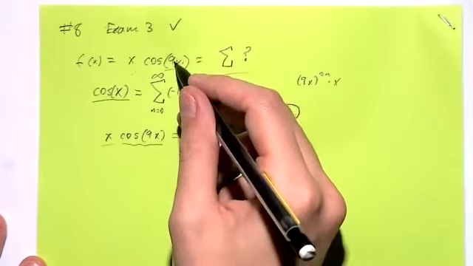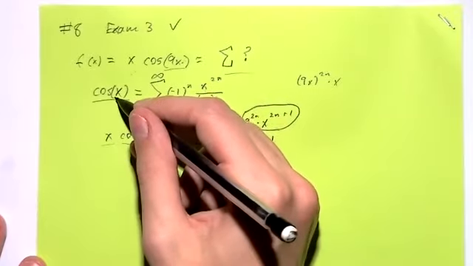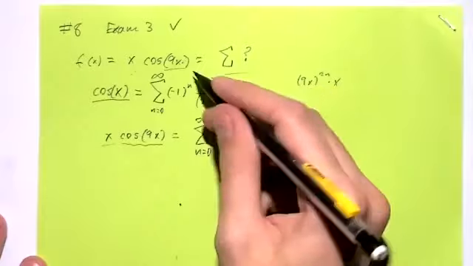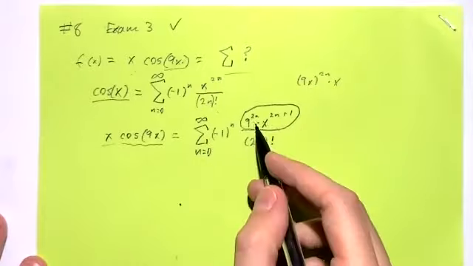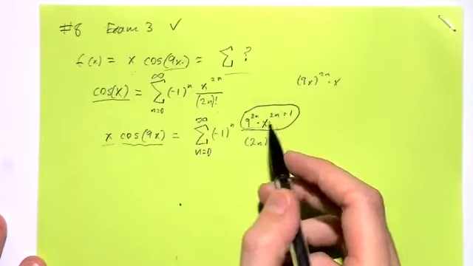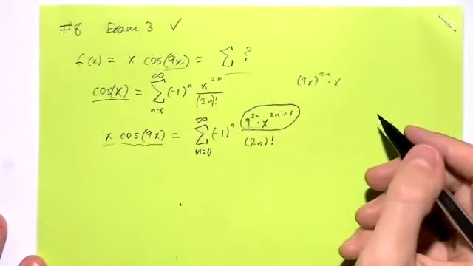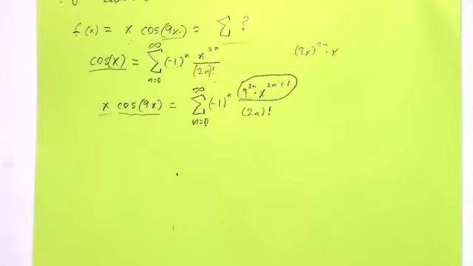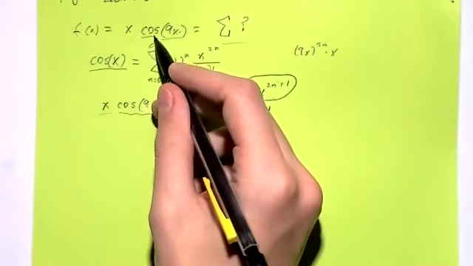Since the inside of the function is 9x instead of x, we replace all the x's first with 9x, and we get that portion right there. Then the outside, we just multiply that through. So that's the crash course on how to do those problems. They can get a little more complicated, but normally you just quickly find what's the base of it, and then you add on from there.